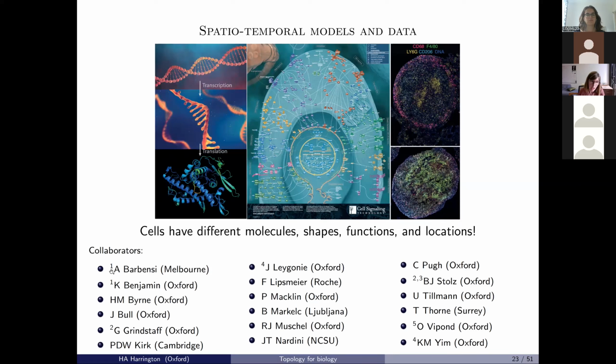So the first project I talk about is looking at protein structure, and this is knotted proteins, and that's with Agnese and Kate Benjamin. And the second project I talk about is looking at images of bone fibrosis, and this is with Jill Grindstaff and Bernadette Stolz. Then I will talk a little bit about some work that Bernadette did looking at the shape of abnormal tumor vascular networks.